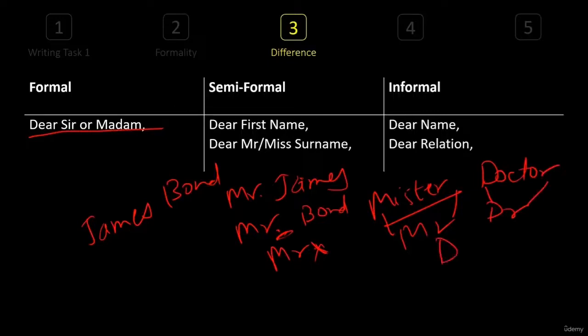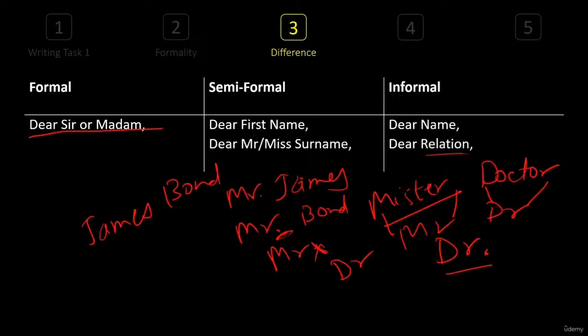Hence, you don't put a full stop after it; you always just write DR and that's it in UK English. That's why you see I've not put a full stop here or after Mr. So you can write Mr. James, or you can write Dear James, or you can write Dear Mr. Bond. Clear? And in informal, you can just directly mention the name, like dear name of the person you're writing to, if you use their name.